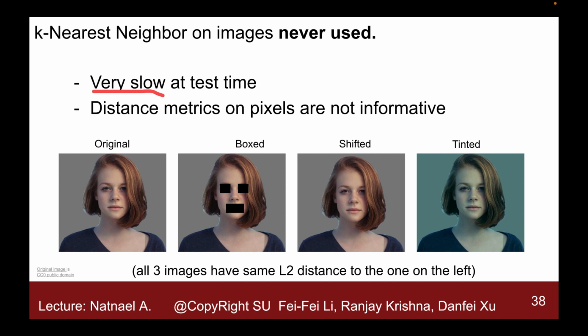That means if you see this, for instance, this is the original image. This is a little bit perturbed image. As you can see here, there are boxed black squares, or black boxes, at the important features of the original image. Here we have a shifted one, for instance. Here we have a tinted one, okay?